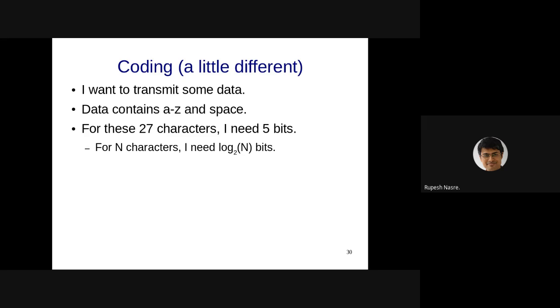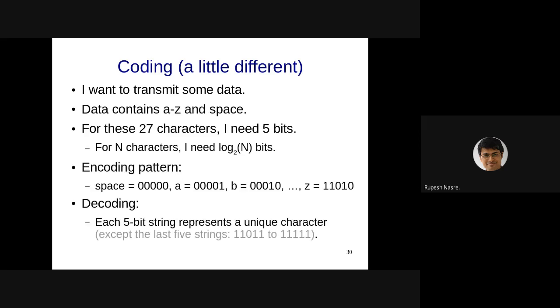So I'll be able to represent 32 characters with 5 bits. So one encoding pattern could be like this, where I say that space is represented with 5 zeros, A with 1, B with 1 0, and so on, and Z with some pattern 1 1 0 1 0, etc. And some of the later bit patterns are unused.